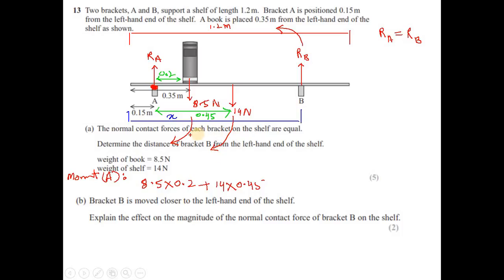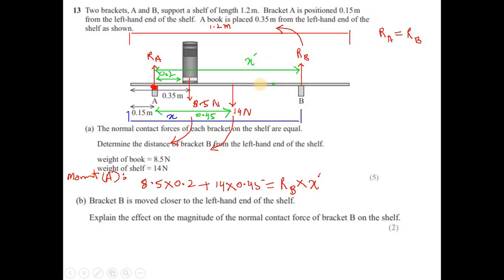So this is the sum of clockwise moments equal to the anti-clockwise moment, and the anti-clockwise moment is due to RB. So RB times the pivot distance, and I'm assuming that the pivot distance is x dash, the distance of RB to the pivot here.